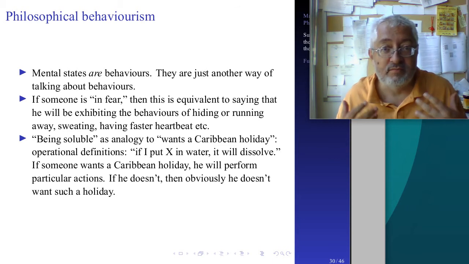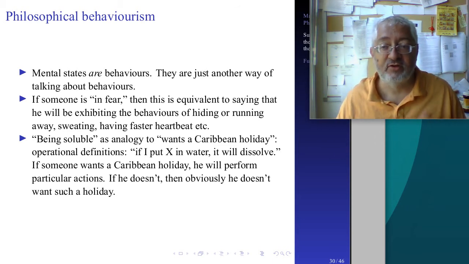I don't need to be made of brain substance. I don't need to be made of cells. Anything that has a behavior has a mind. And we use this a lot in everyday life. Our everyday understanding of things is often behavioral.